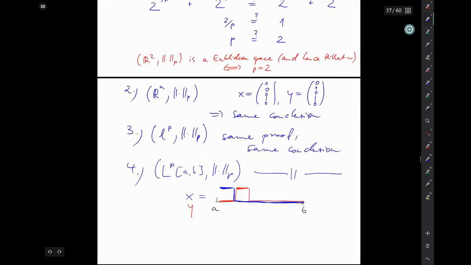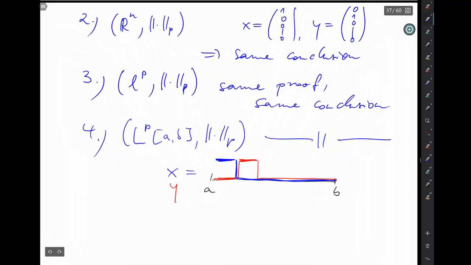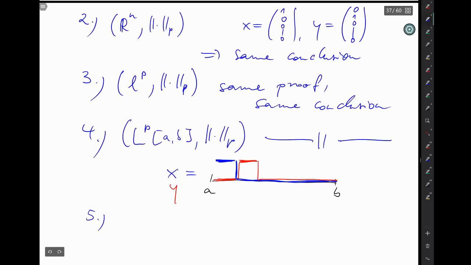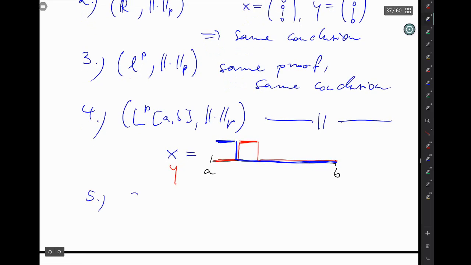A somewhat more interesting example is number 5, the continuous functions. So remember our set of continuous functions over an interval from a to b. We can try to equip that again with the p norm for functions, which is an integral norm over the p powers of the data, and then ask whether or not this would give you a scalar product.